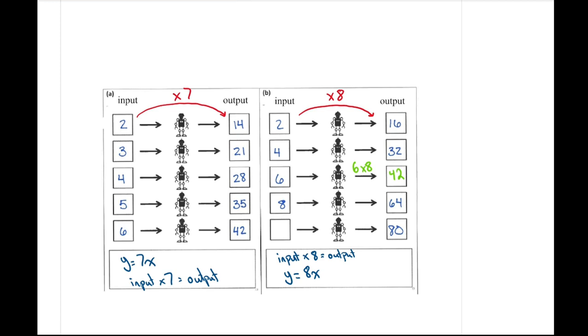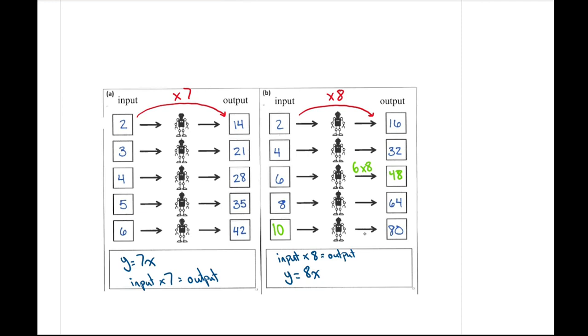Oh, not 42, sorry, 48. But how would I get this last one here? You may be able to look at it right away and figure it out. Well, I know what I have to multiply 8 by 8 to get to 80, right? Which would be 10.